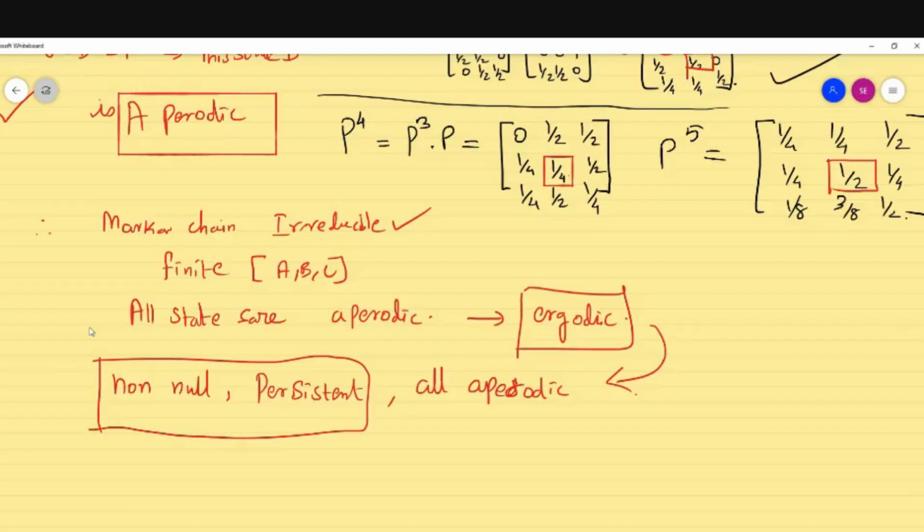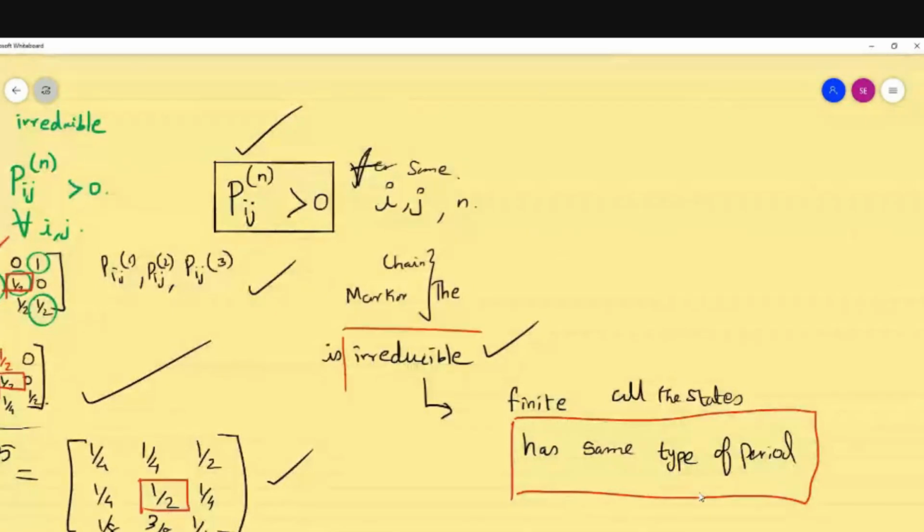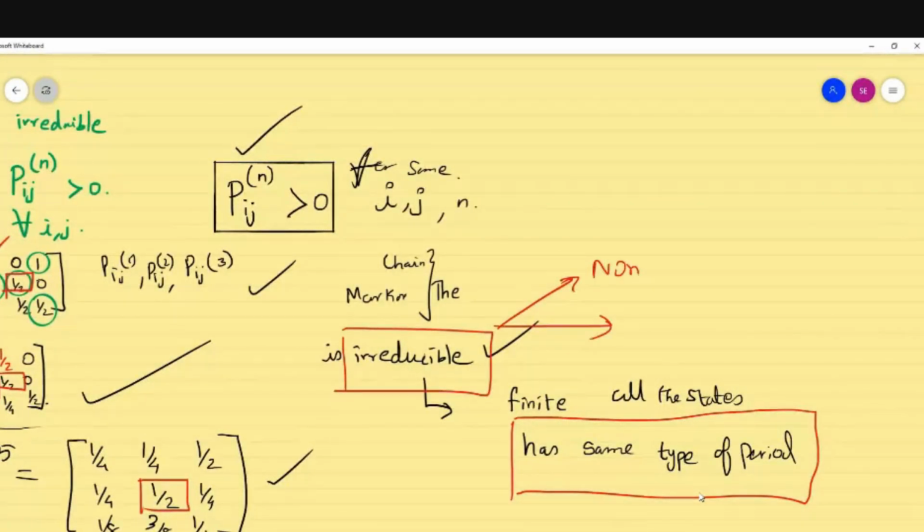By the theorem, if you prove a Markov chain is irreducible, automatically 2 conditions will hold. It will be non-null, meaning non-zero elements, and persistent.